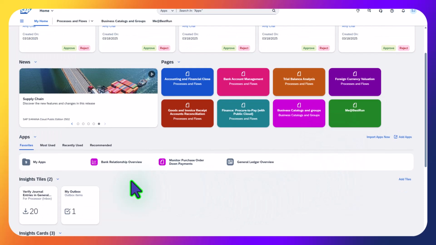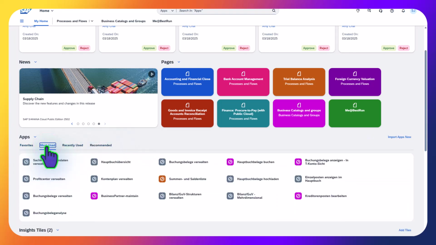One of my favorites is the favorite applications, where you get to put your favorites and you can put them in folders. And I really like this. And you get to see your most used transactions. So if you have a transaction that you use most of the time, you don't need to memorize it. You just have to go to the most used and you find it there. And sometimes you use a transaction, but you forget what the transaction code was.